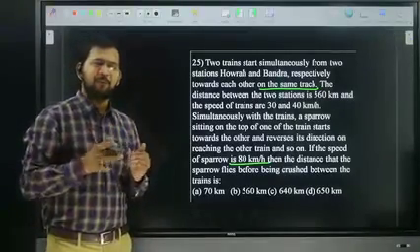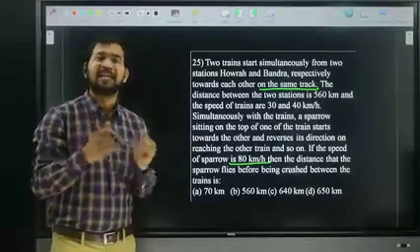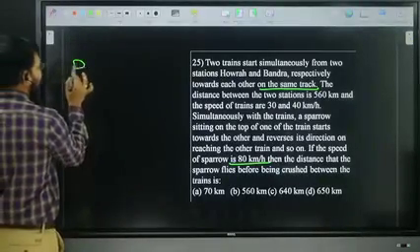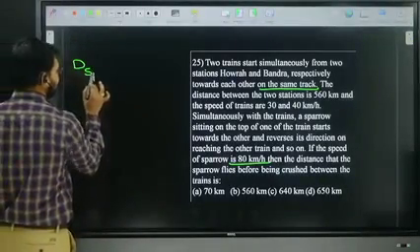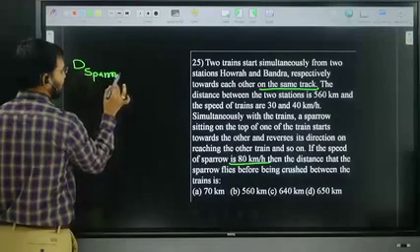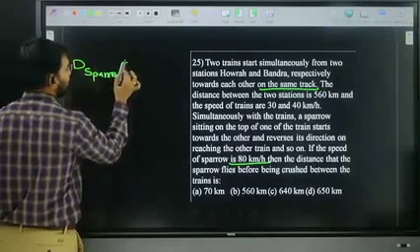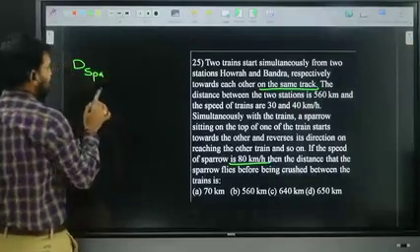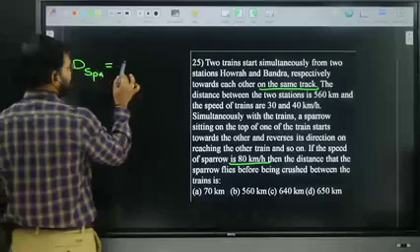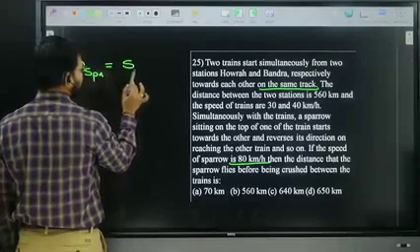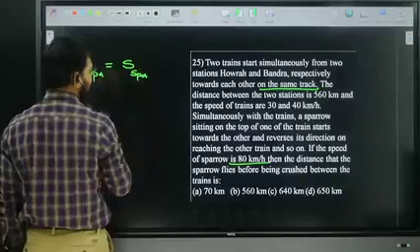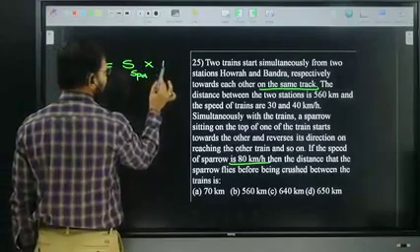Before distance, I need to find out time. Distance traveled by the sparrow is equal to speed of the sparrow into time.